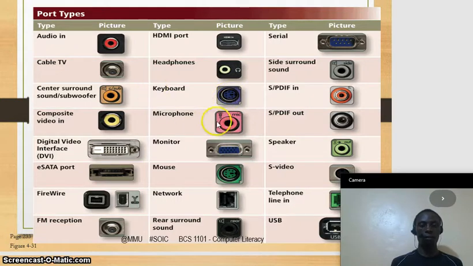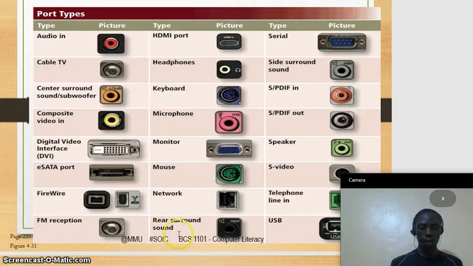We have the microphone for recording also. This one normally goes with the microphone. We have the monitor. This one connects from the case, from the systems unit, to the monitor. For the mouse, the same category as the PS2 port for the keyboard. Network port.